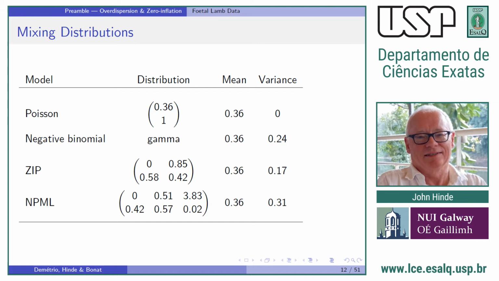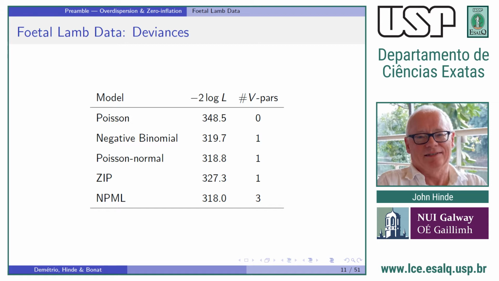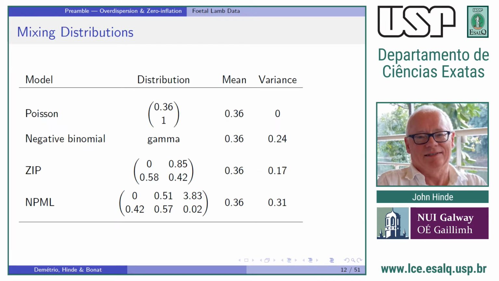And this guy that did just a little bit better, that's a bit like this, but it has an extra parameter. It's a more complicated mixture. So there's some zeros, and then there's 2 mass points. This is very small. This is really picking up that very extreme observation. The means are always the same. It's a bit more varied.